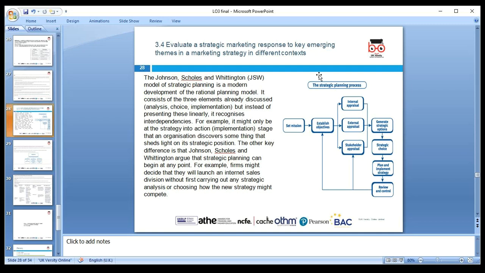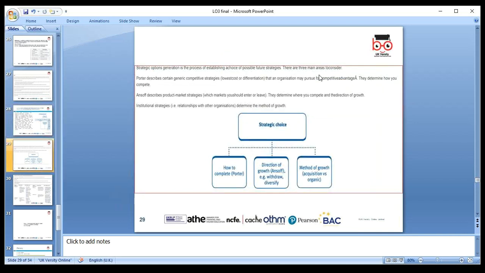It consists of three elements: analysis, choices, and implementation, where we set mission and objectives, look at internal, external and stakeholder appraisal, generate strategic options, strategic choices, plan strategy, and review and control. That's what we need to look at. And then strategic option generation is the process of establishing a choice of possible future strategies.